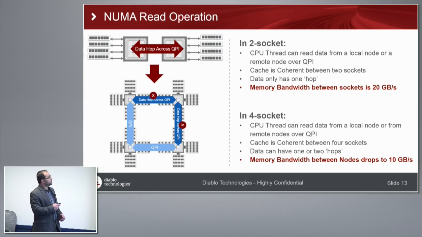Likewise, if a process running on this socket is running a lot of memory traffic, and that memory traffic happens to be local to this socket, the bandwidth that it will observe is going to be substantially higher than if that data actually is residing on the remote socket.